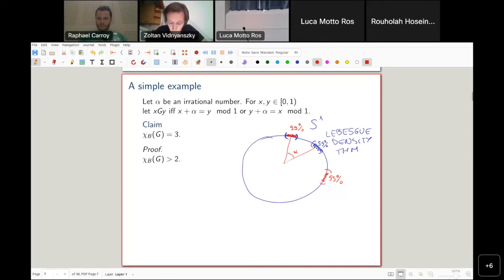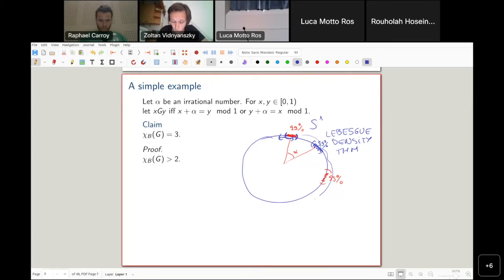Because of this density argument, there will be some odd number such that if I iterate this rotation by alpha angles odd many times, then there will be a big overlap between these rotated copies.